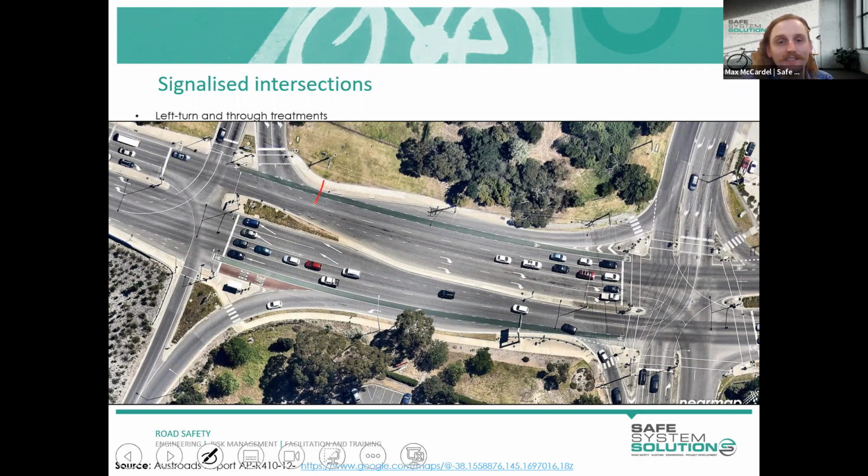So this distance in this space here, all of that would be considered a conflict point, which is why all of that has been colored in green. Once again, I wouldn't really see this as a great outcome as if we're just doing paints. That's not really going to eliminate the issue.